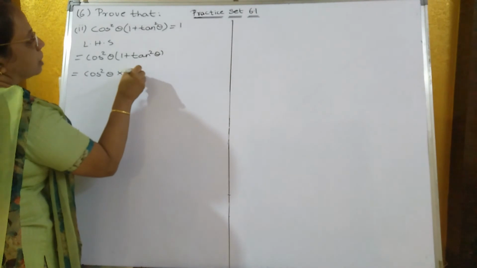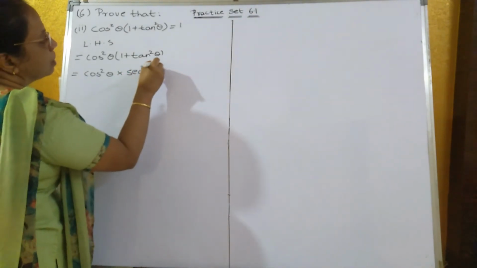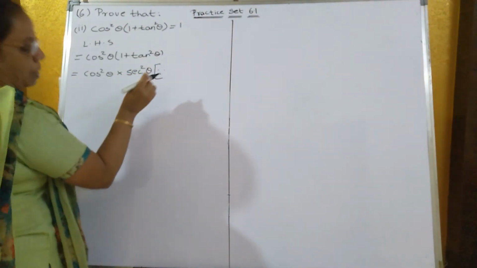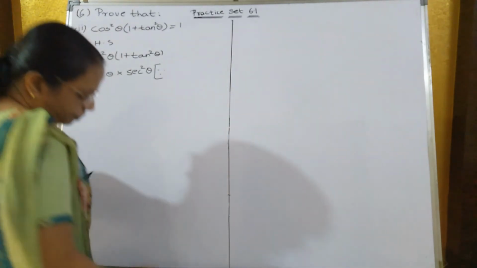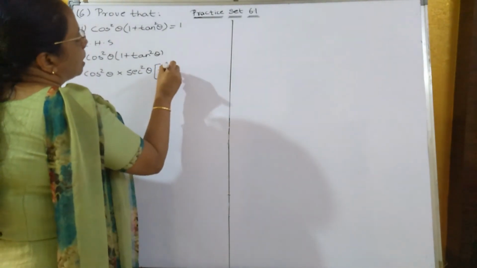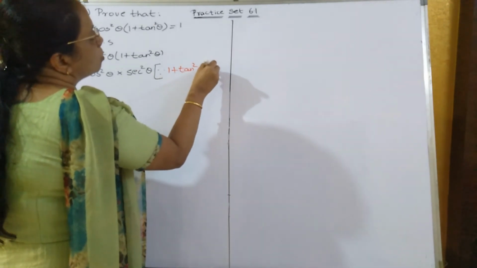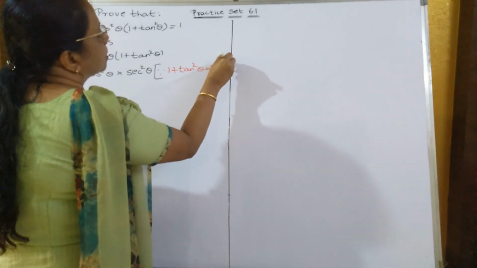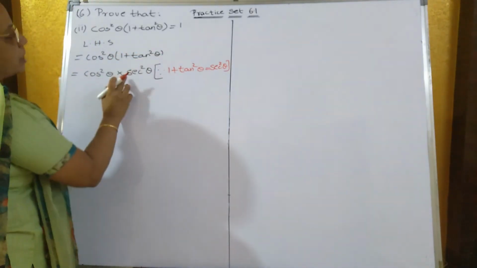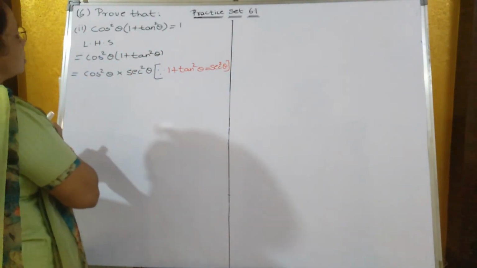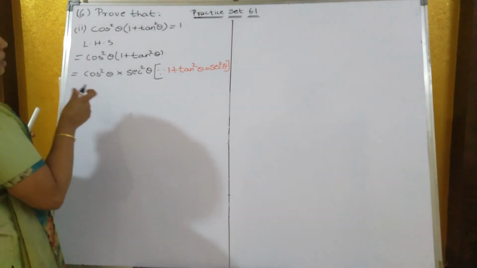Reason you write down over here. What is the reason? 1 plus tan square theta is equal to sec square theta. So in place of 1 plus tan square theta, I have put sec square theta. Now what is sec square theta?